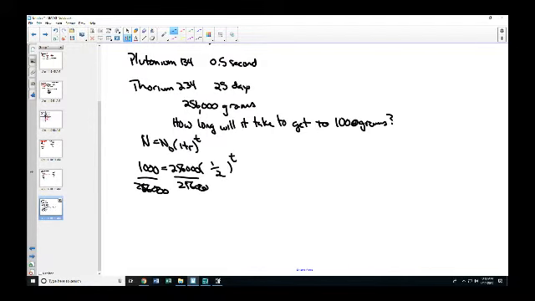Just like a radical, you have to isolate the exponential. So it should be 1 over 256, right? 1/256 equals 1/2 to the t. This is where logs come into play.